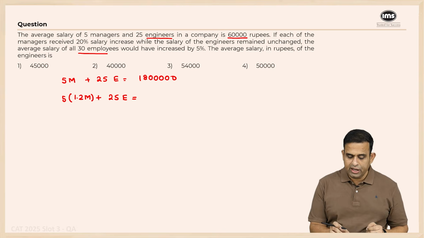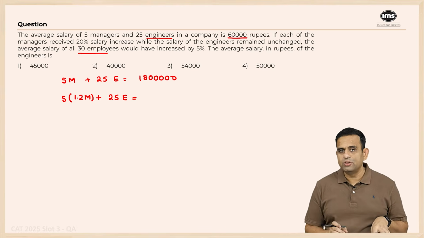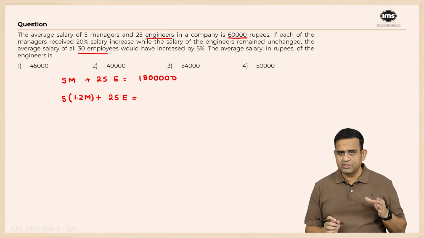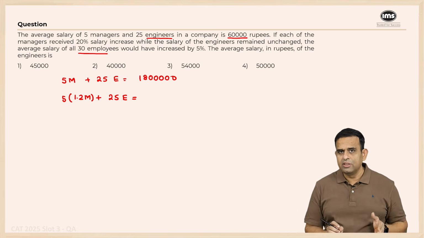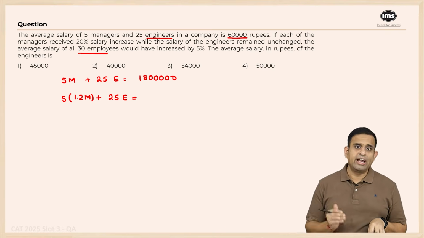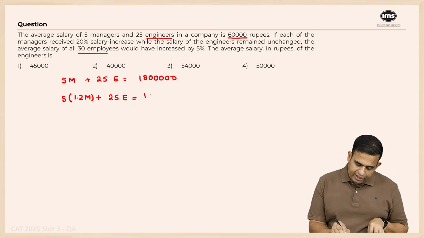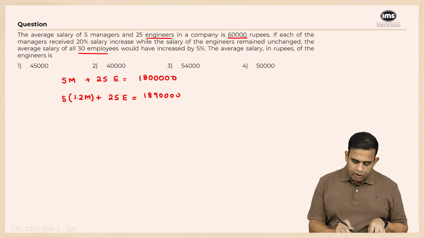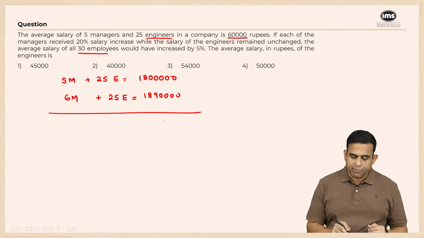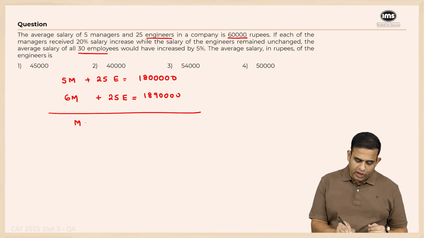For the number 18 lakh, 10% would mean 1,80,000, so 5% would mean 90,000. So it will become 18,90,000. Now 5 into 1.2 M simply becomes 6 M. So if I subtract, you are going to find that the value of M becomes 90,000.